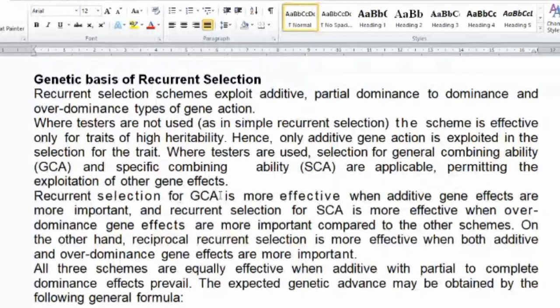So we have recurrent selection for general combining ability, which is more effective when there are additive gene effects. Then we have recurrent selection for specific combining ability, and so on. So all three become important in terms of genetics.